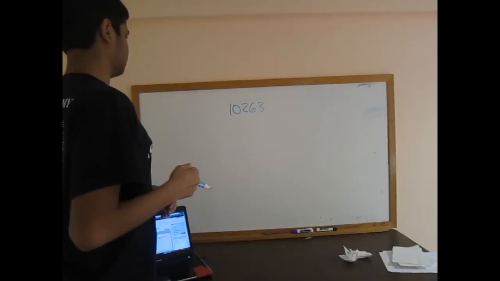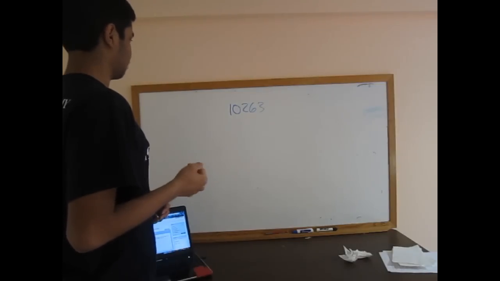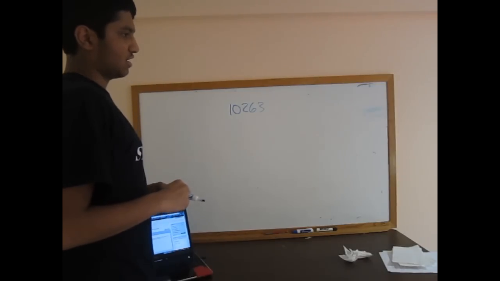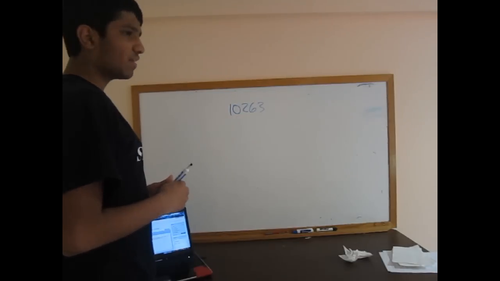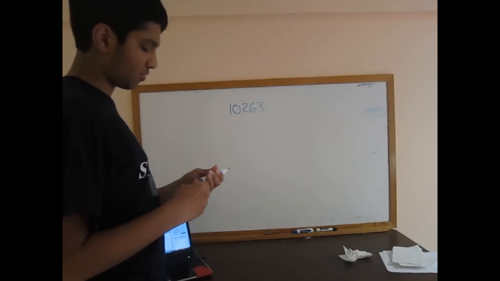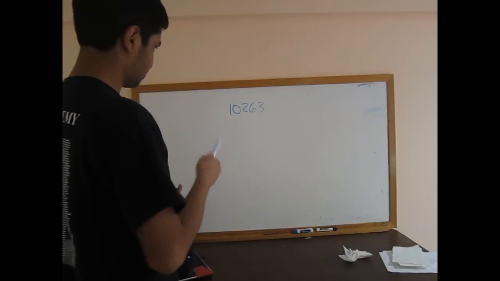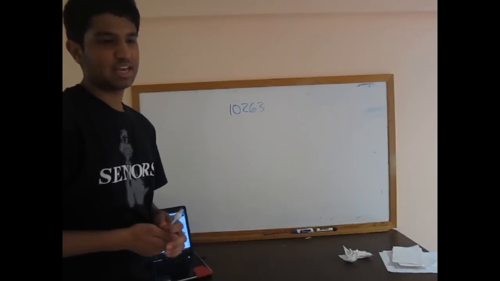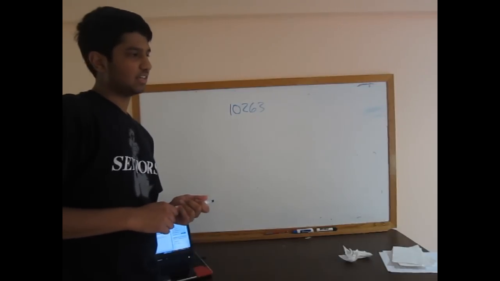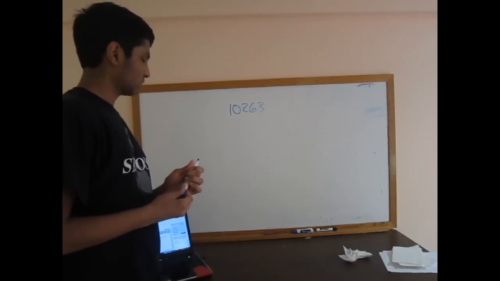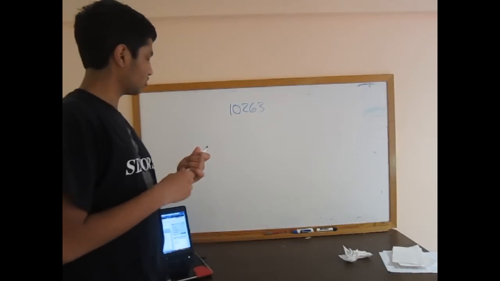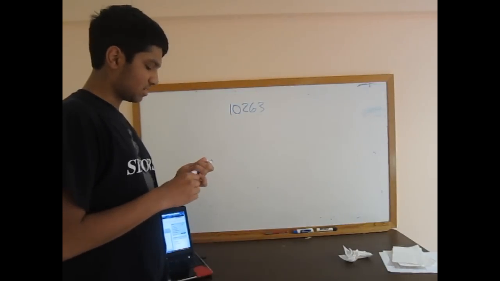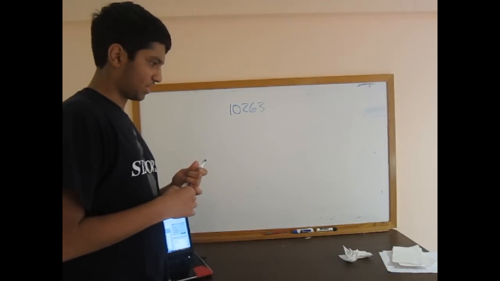Well, it's not that easy to subtract that from 100,000, which is the next largest power of 10. And you may think, hey, he said that the tens complement was the distance to the closest power of 10, so it should be 263. Well, that's not quite right.